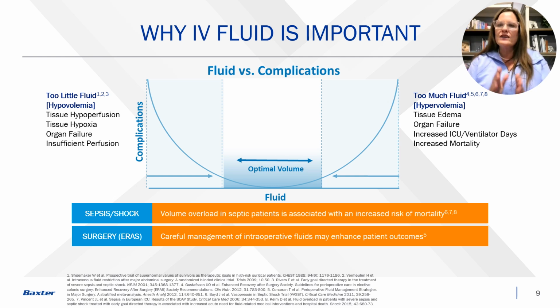But we want just the right amount, and that just the right amount is where we have that optimal fluid, right? Right in the middle. And when we think about that, how can we know that? Well, I'm going to share with you some evidence and talk with you about stroke volume guided care so that you can get just the right amount for each patient, not too much and not too little.